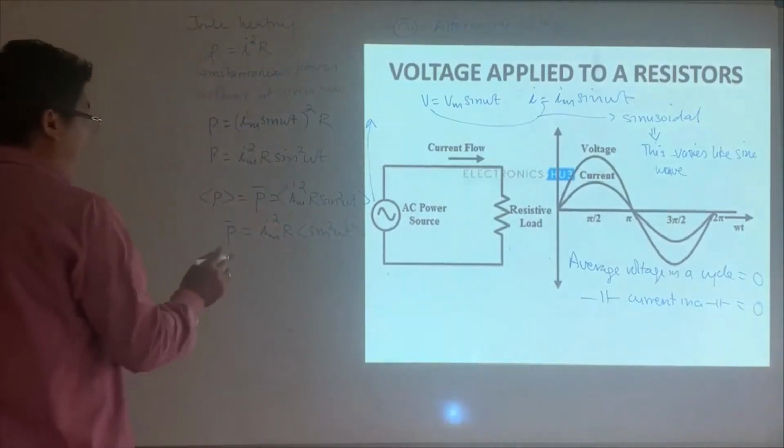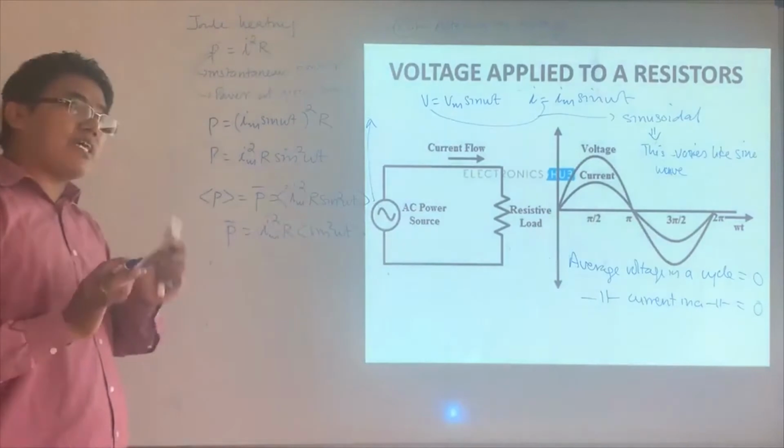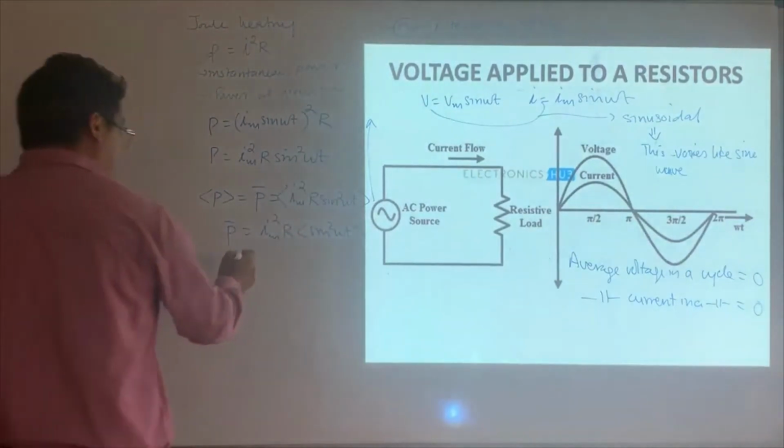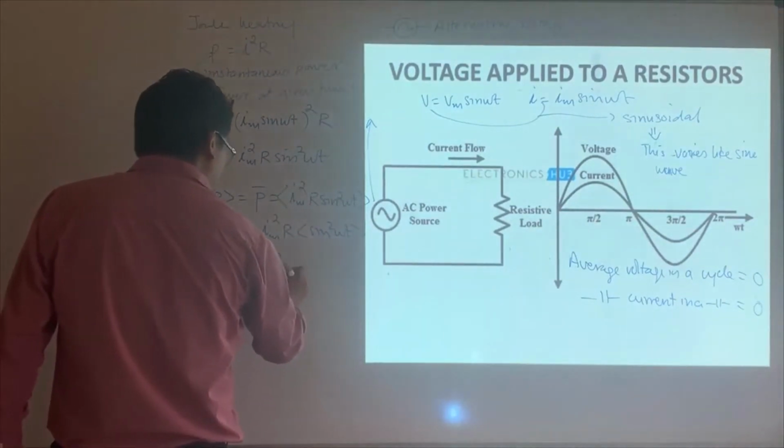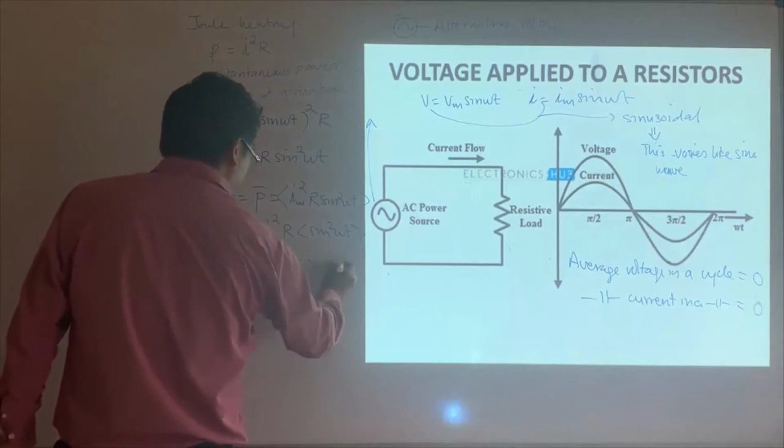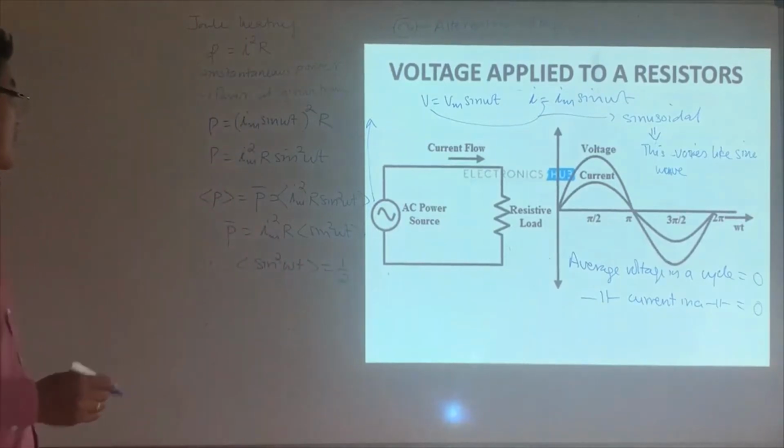So what is the average? I'm not going to do trigonometric identities and prove this for you; I will state it. The average of sin 2 omega t is equal to half.